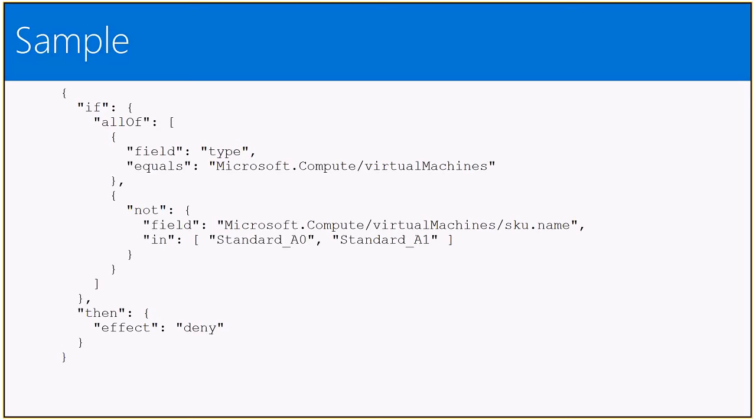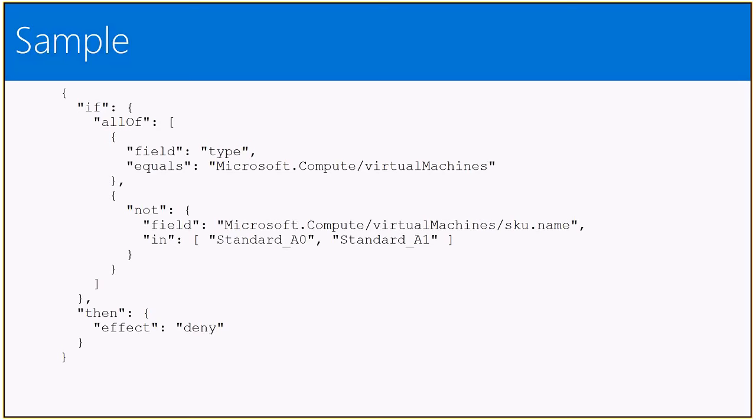Once you have this policy in a particular scope, whenever a request comes in, we will look at whether the SKU of the VM is standard A0 or standard A1. If it is not one of these two, we will deny the request. Other effects are audit and append.